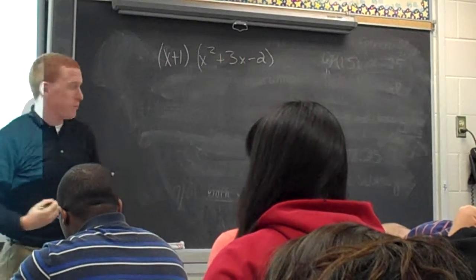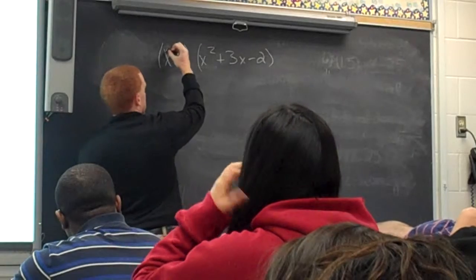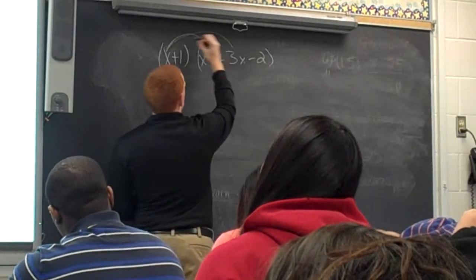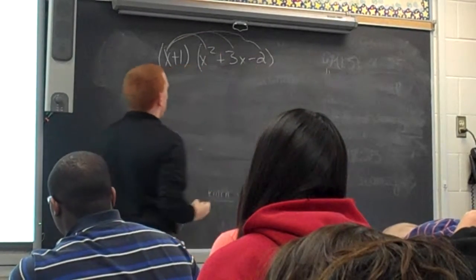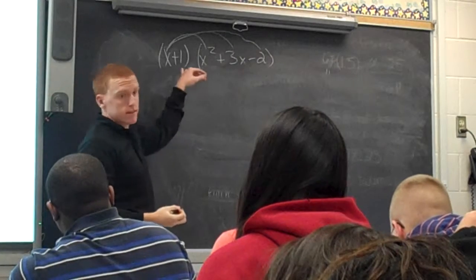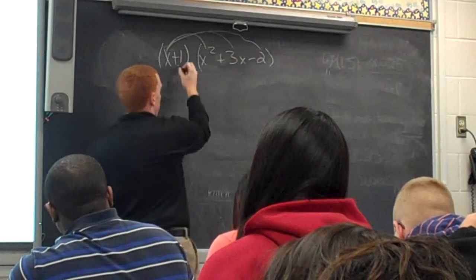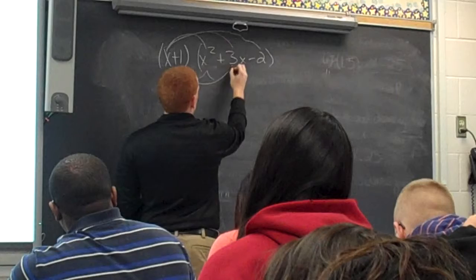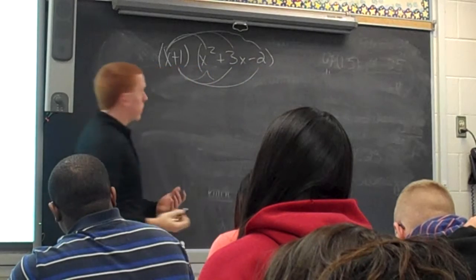Now I'm going to claim that I can take this x and just multiply it by each term, kind of like FOILing, and I'm going to take the second term and multiply it by each term. So let's see what I get when I have that.